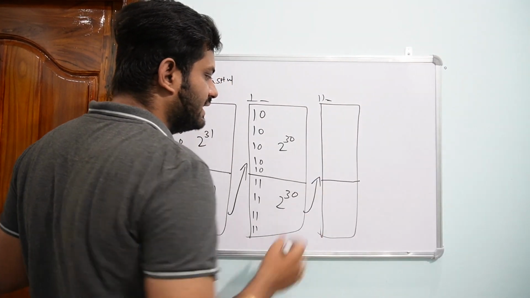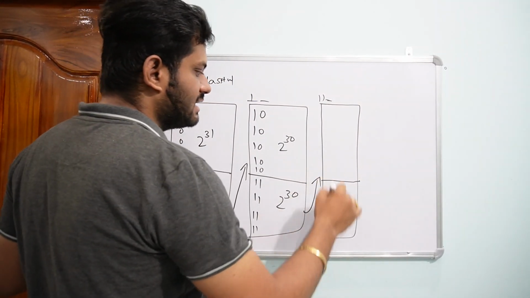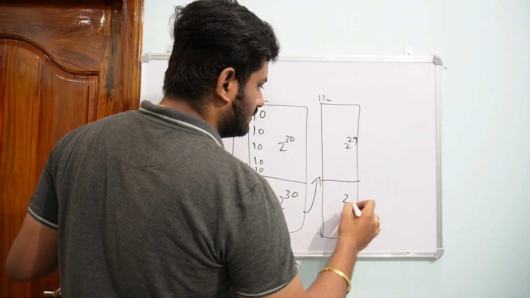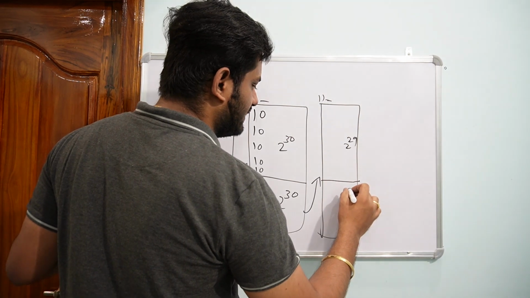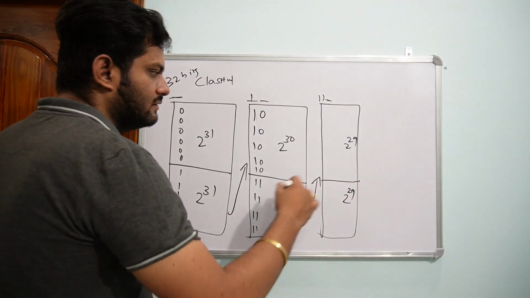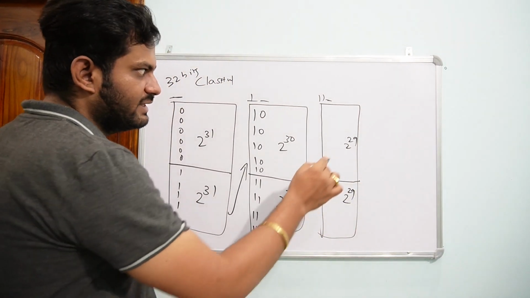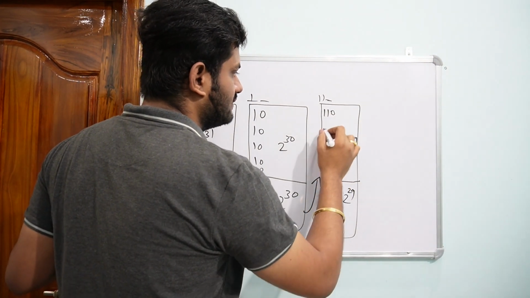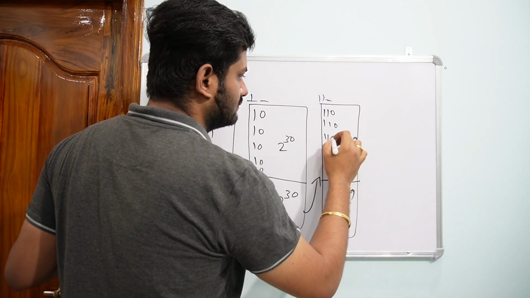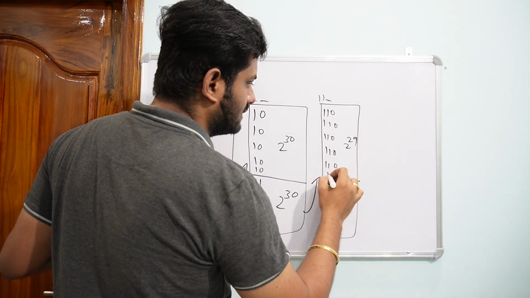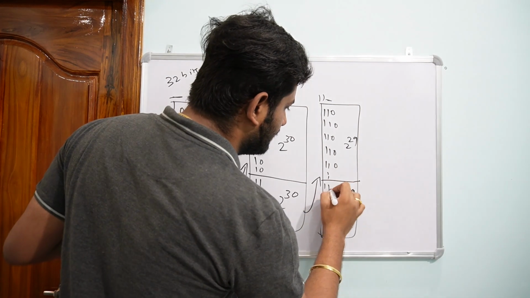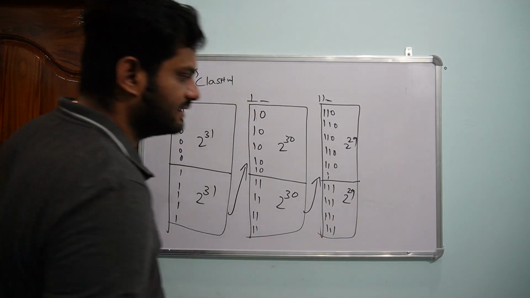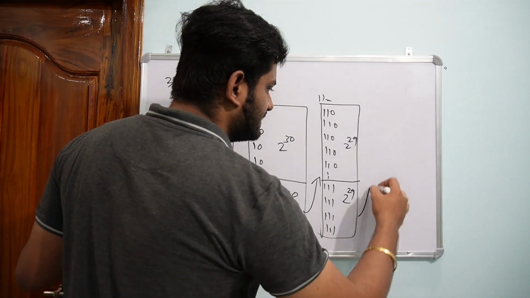If you fix the third bit, then this IP address will be divided into 2 parts, and this will be 2 power 29 and this will be 2 power 29. 2 power 30 divided by 2 is 2 power 29 and 2 power 29, and this will have all 110 at the beginning, and this will have all 111 in the beginning. Now take this here.